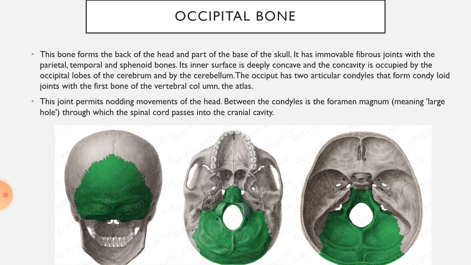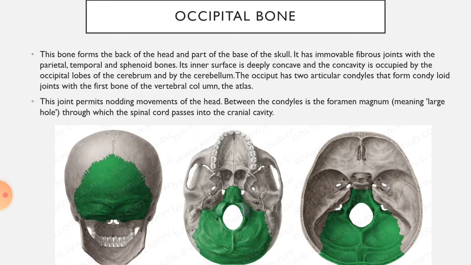Okay, so now here you can appreciate these two condylar processes of the occipital bone, and these are going to join with the C1 vertebra, which is the atlas, and this joint is basically responsible for the nodding of your head.